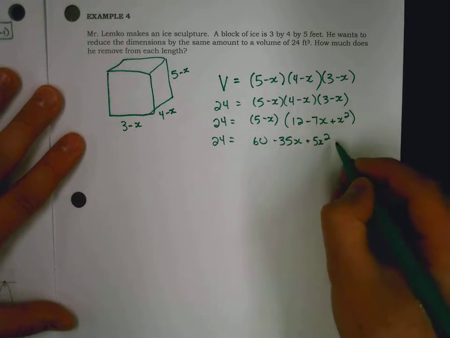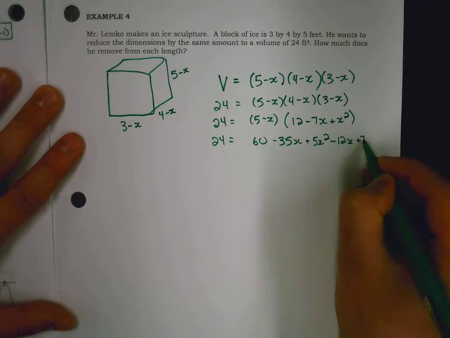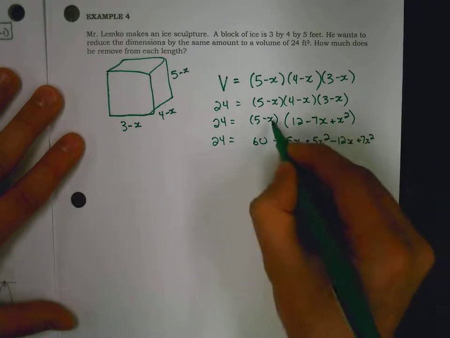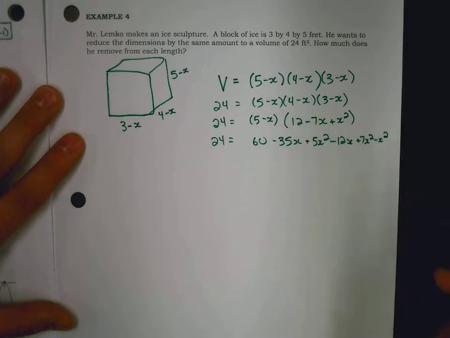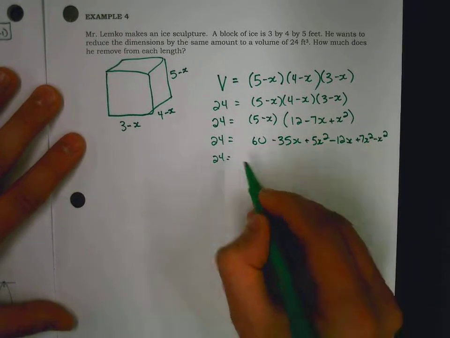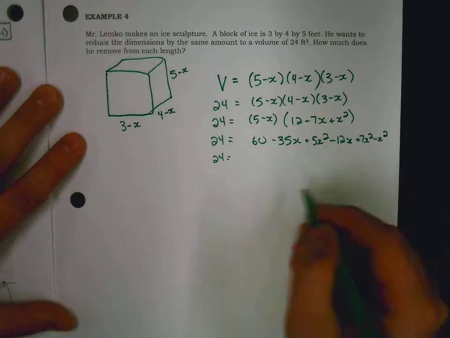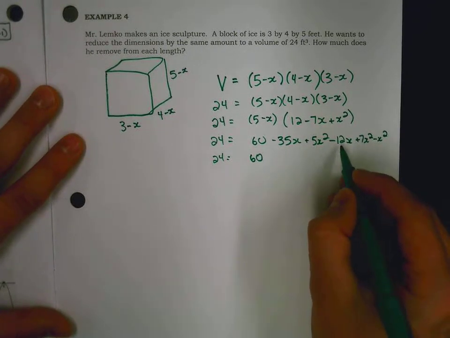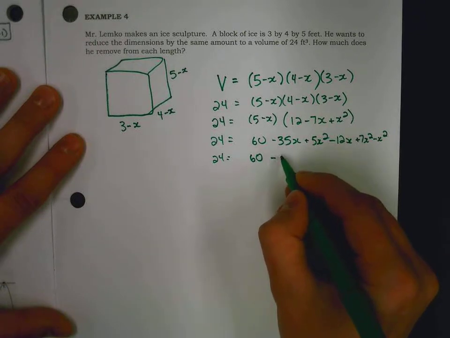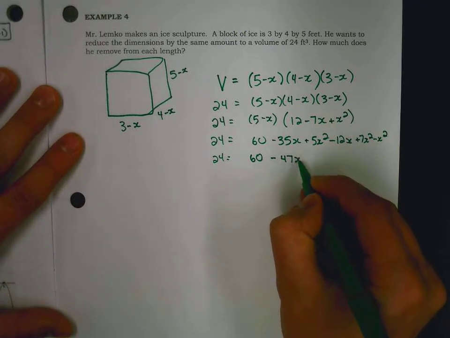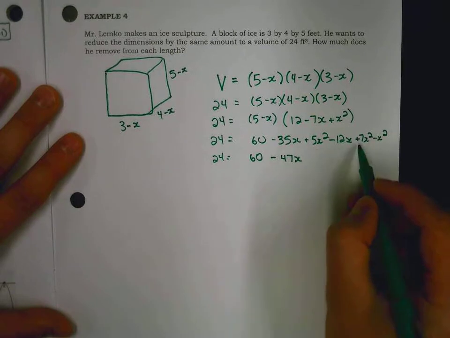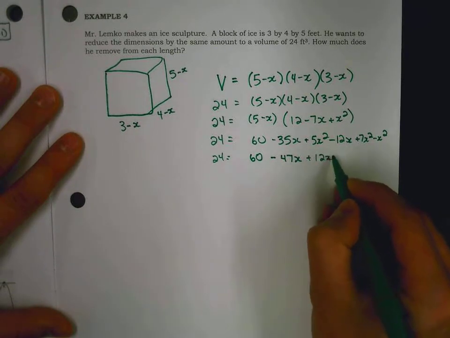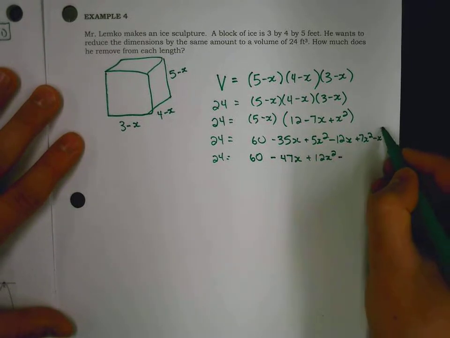We have a negative 12x, a positive 7x squared, and lastly a negative x cubed. We'll tidy it up a little bit just to make sure that we don't have too many unlike terms. And we've got a negative 35x and a negative 12x makes a negative 47x. We have a 12x squared, and we have a negative x cubed.